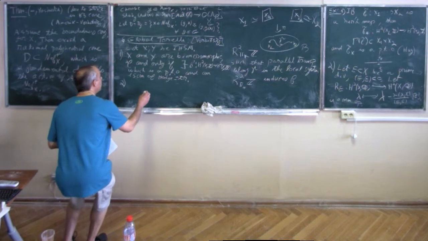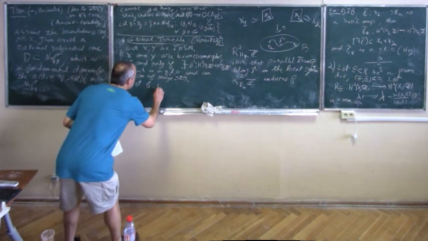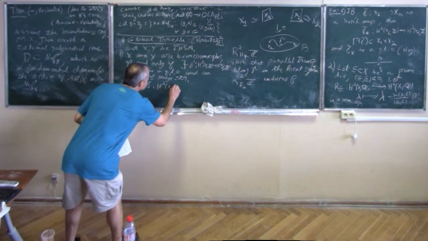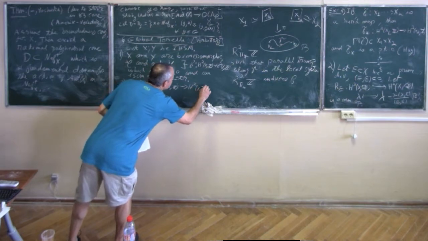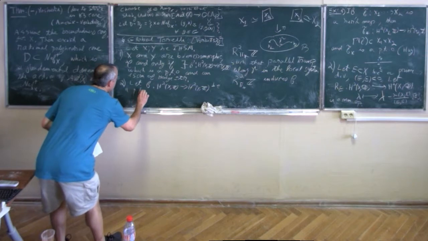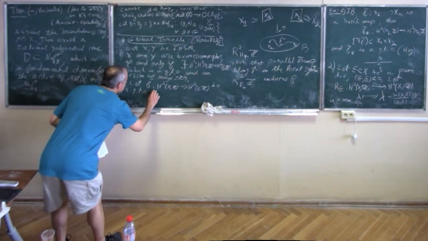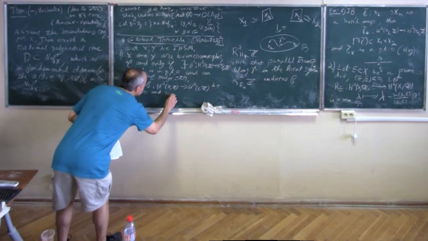So let f from H2(X) to H2(Y) be a parallel transport operator and Hodge isomorphism.